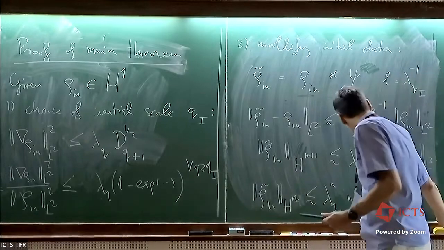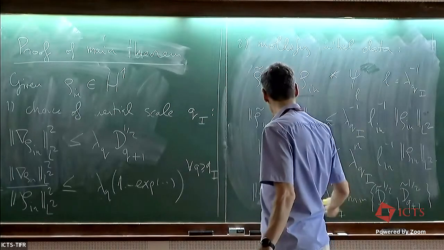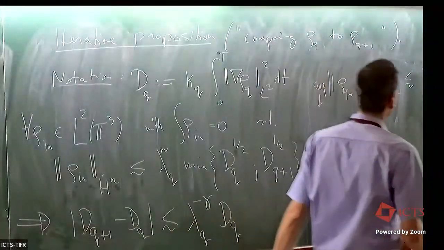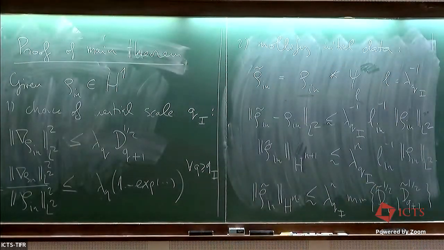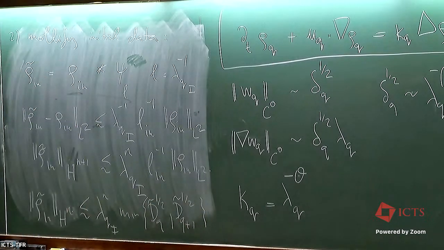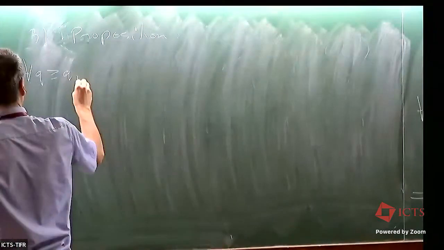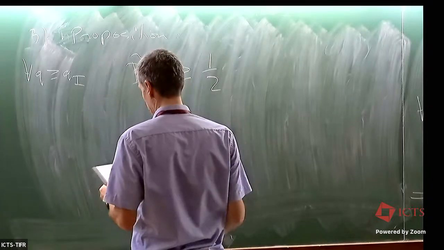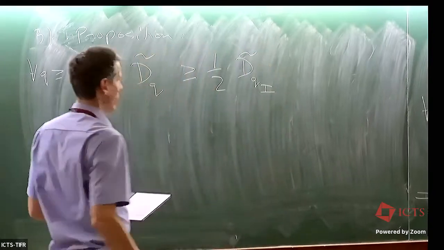So what then happens is that this initial data satisfies the estimate at level Q. So I'm ready to apply this iterative proposition, and I get, so homogenization, or the proposition, gives me that for all Q bigger than Qi, the dissipation rate is bigger than, let's say, 1/2 times the dissipation rate at step Qi.